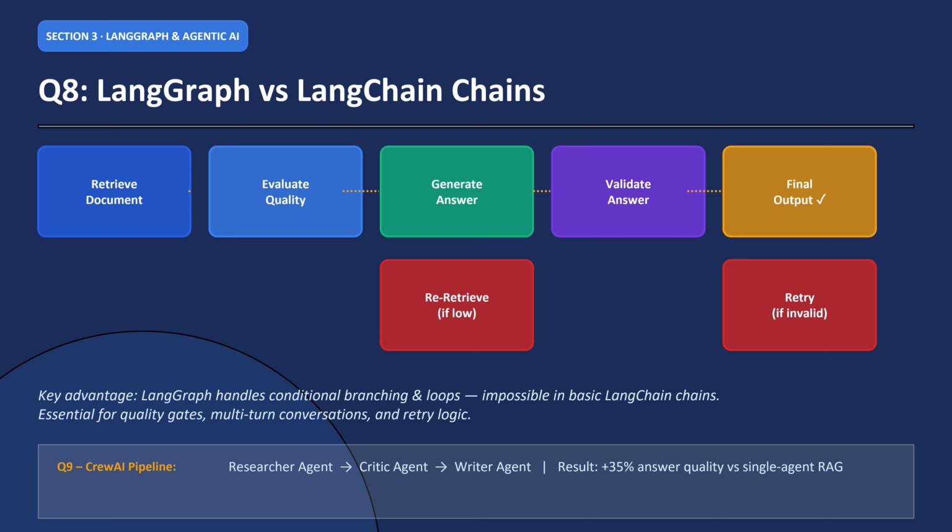CrewAI manages all the inter-agent communication and task handoff automatically. This resulted in 35% higher answer quality on complex multi-document queries compared to single-agent RAG, with automatic gap detection preventing confident wrong answers. And yes, I am CrewAI certified, badged on my LinkedIn.